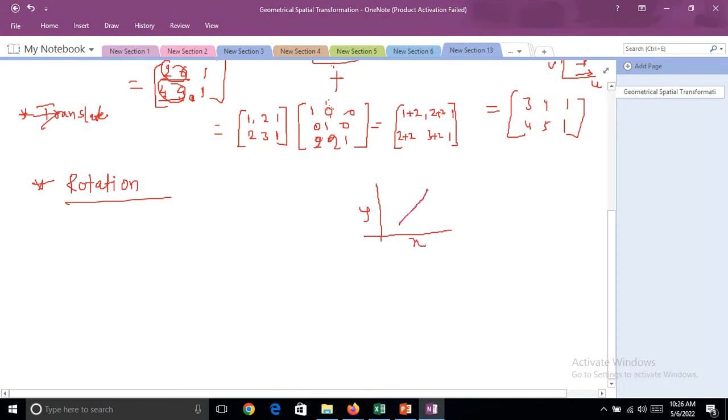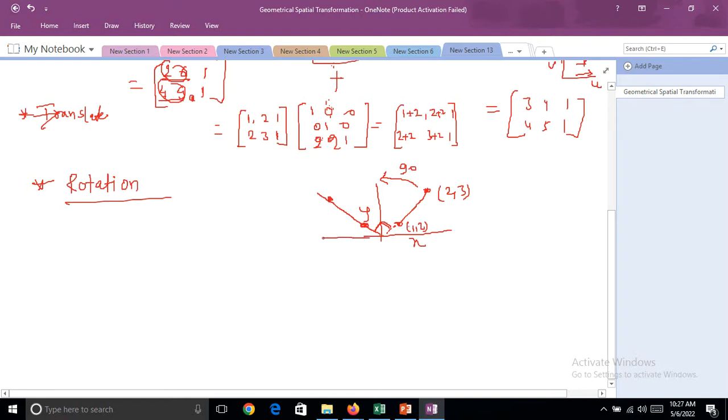Let us say we have only 2 pixel, 1 comma 2 and 2 comma 3. This we want to rotate by 90 degree. So by default rotation will be done along the origin. So there will be one 90-degree angle, and this point will shift here, and this point will shift here.